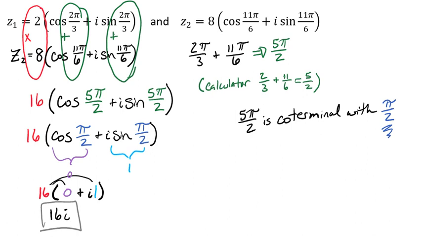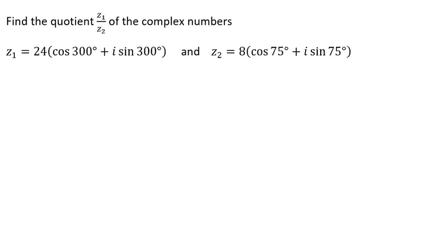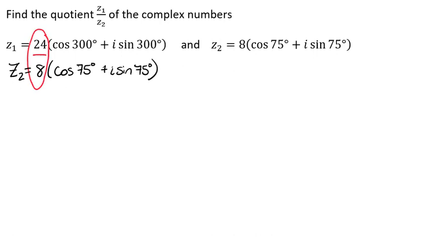Let's try a division problem. So here we're going to find the quotient of our z sub 1 and our z sub 2. We're going to begin by stacking, again, our z's. So instead of multiplying, this time we're going to be dividing our r's, and instead of adding, we're going to be subtracting our thetas.